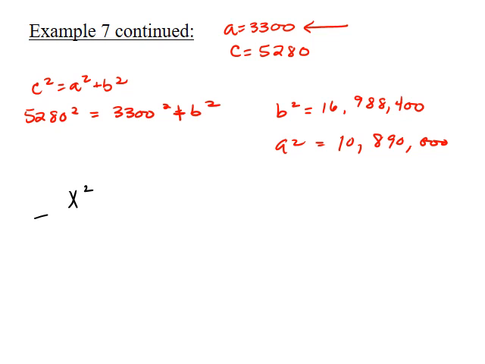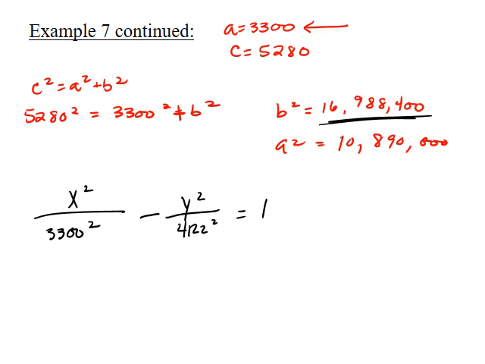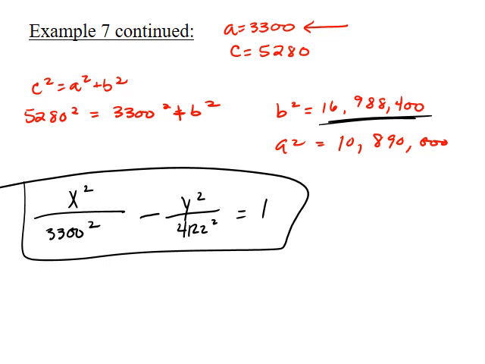I'm going to have x squared divided by, I'm just going to write this as 3,300 squared, minus y squared over 4,122 squared, which is this, is equal to 1. There's your final equation, and this concludes section 10.2.